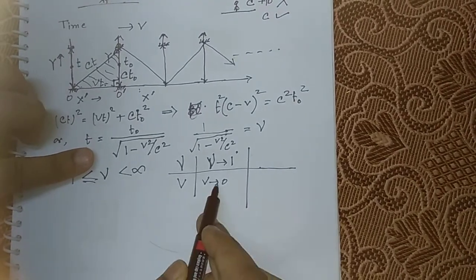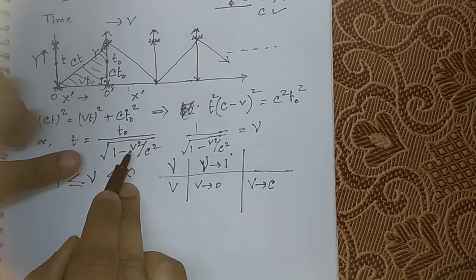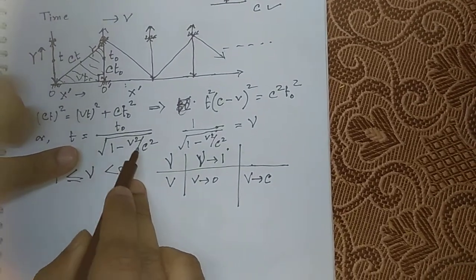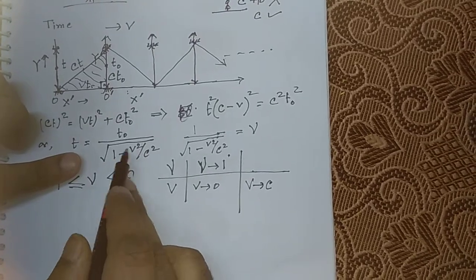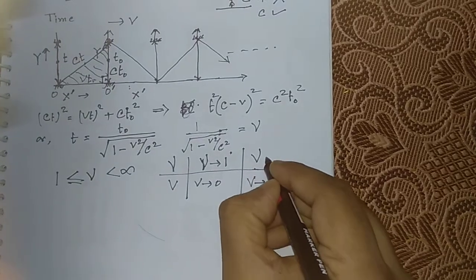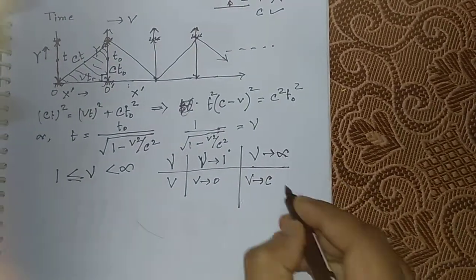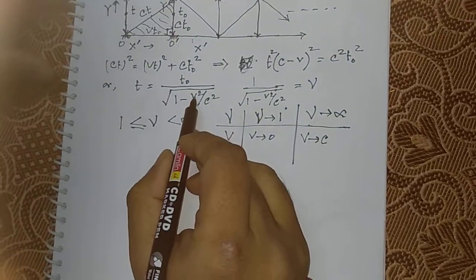Now if v tends to c, the velocity close to c, then this term becomes 1, so 1 minus 1 is 0. When the denominator becomes 0, the value becomes infinite. So gamma becomes infinity.